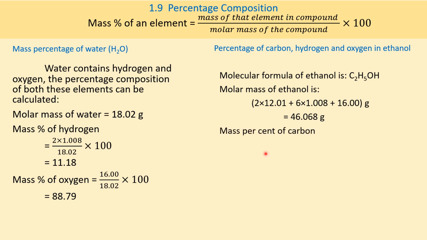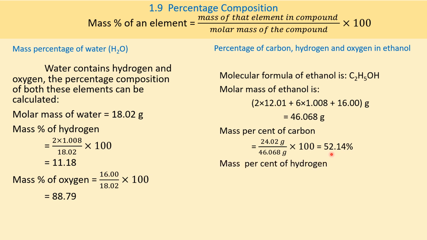So mass percentage of carbon will be equal to 2 into 12.01 is 24.02 divided by 46.068 into 100, that is equal to 52.14.